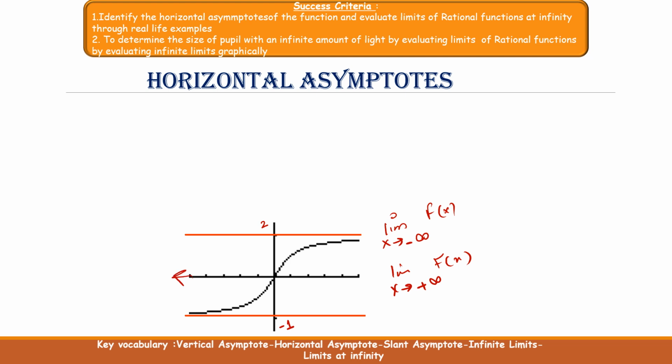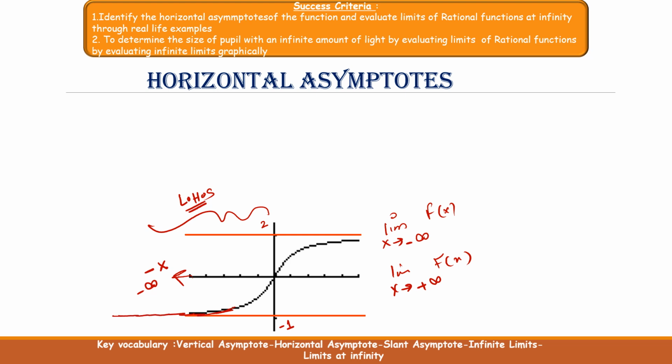On this side x is negative, which means negative infinity. Now hide the other side and only look at the left side and tell me, when x is going to negative infinity, what is happening to the graph?